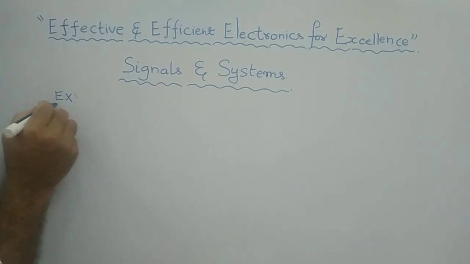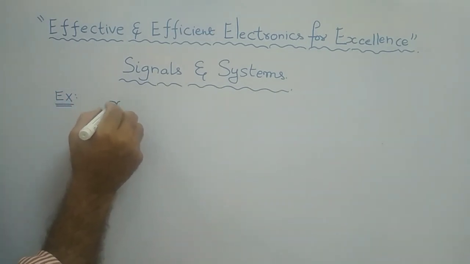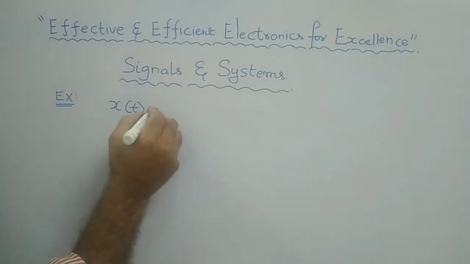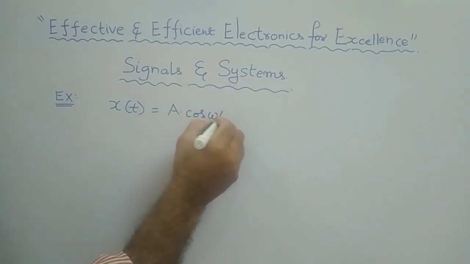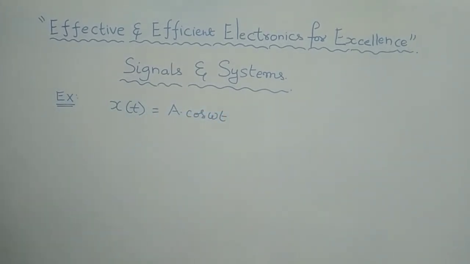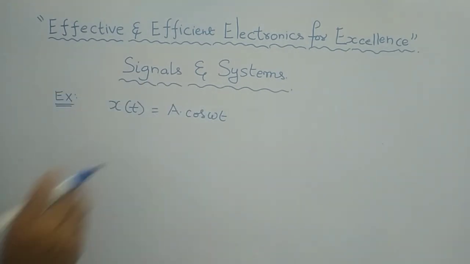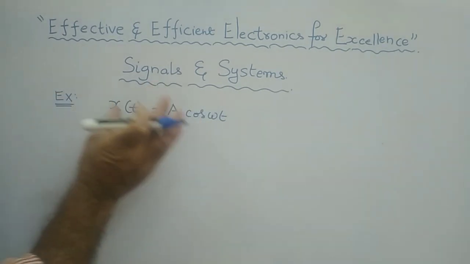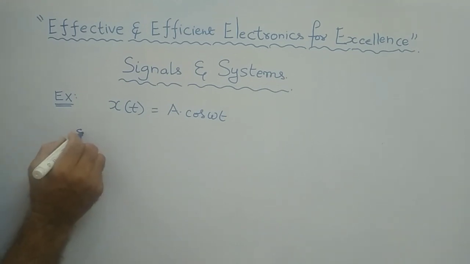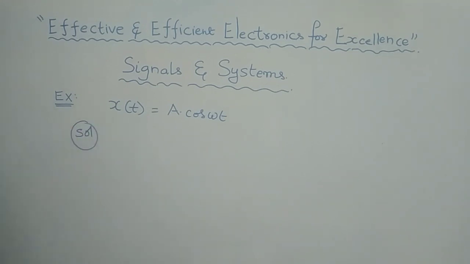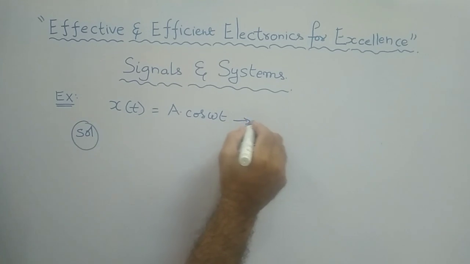Let us consider a simple example, x of t is equal to A cos omega t itself. My question is whether it is periodic or aperiodic. Determine that. So how can I solve this? Is it periodic?